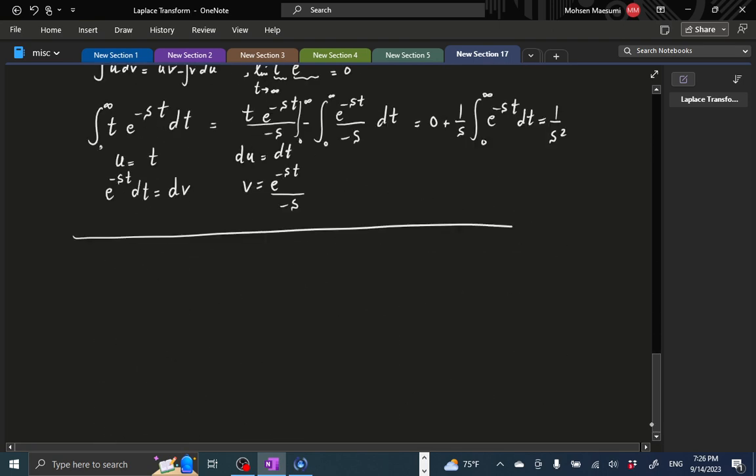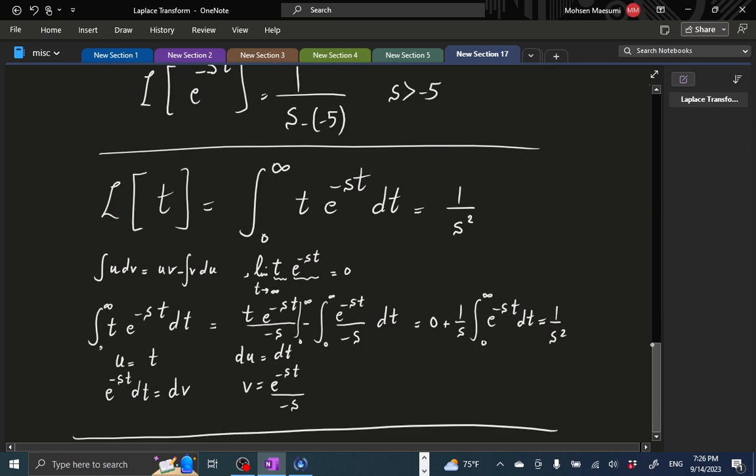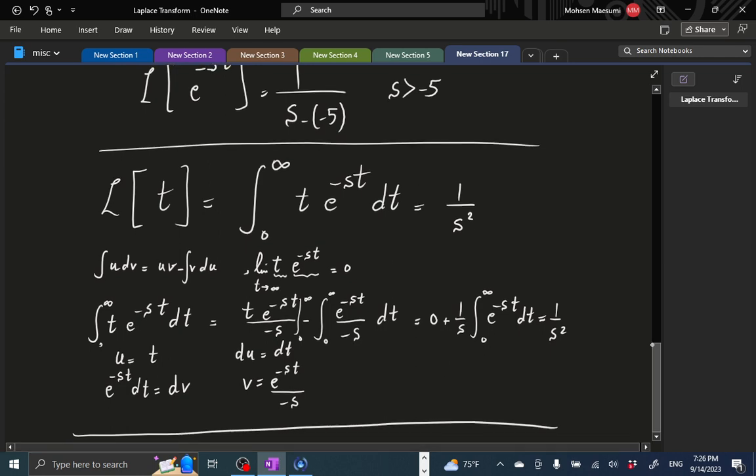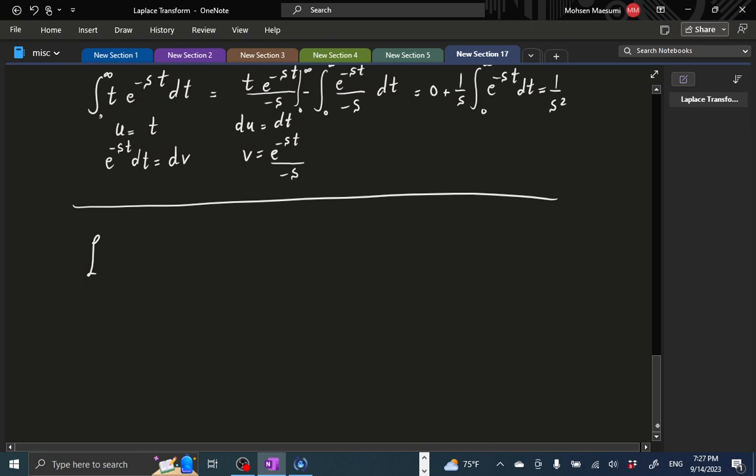Of course, I can do this one by one. I can do the Laplace transform of t squared. I recommend that you do that, t squared, and see what happens, t cubed, and so on. Let's go for the main achievement. What if I have t to the power of n? What is the Laplace transform of t to the power of n?